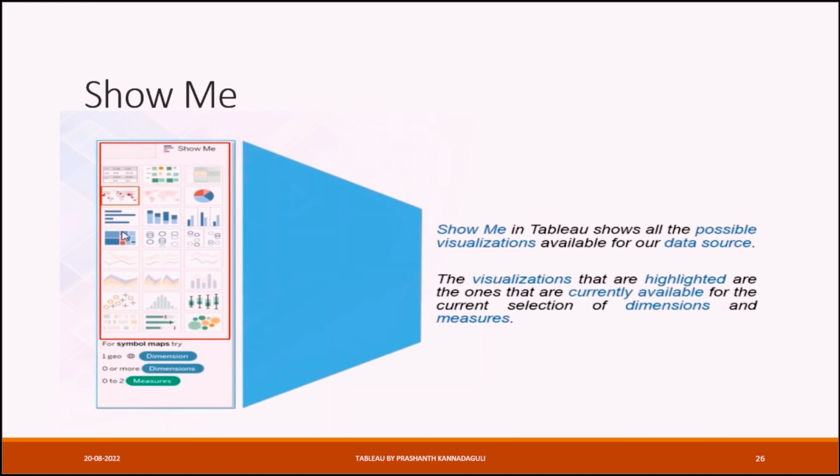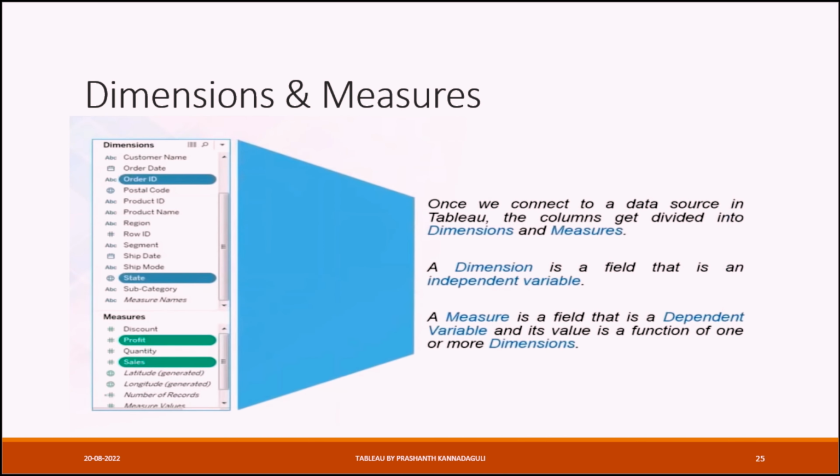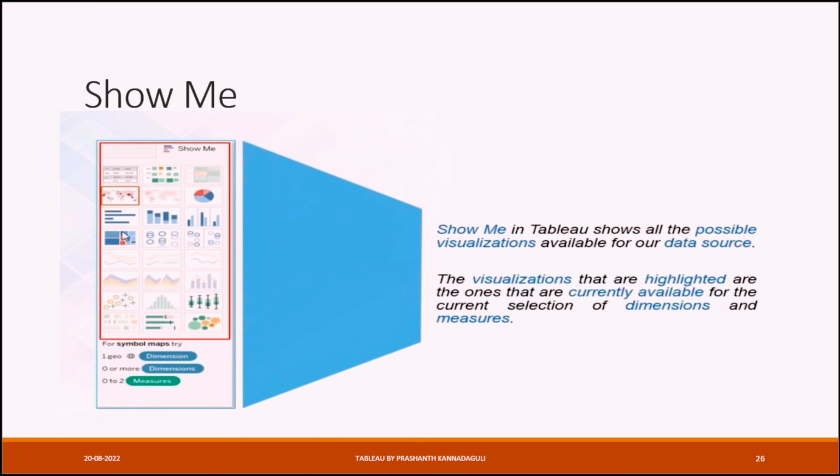So the Show Me pane shows, for the selected entities or variables from my previous slide, that is the dimensions and the measures, these are the possible plots. What you can see here, as of now, is that a pie plot is possible.